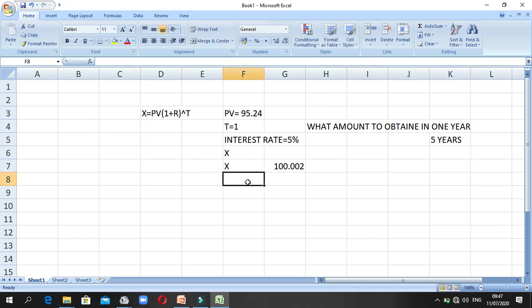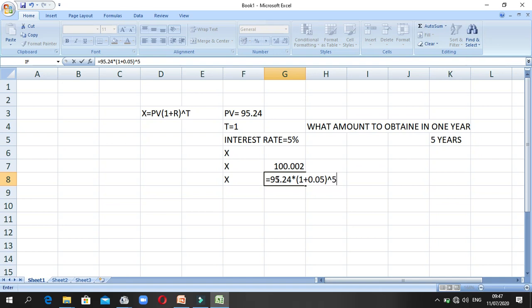So X is equal to, the present value is still the same, 95.24, multiplied by 1 plus 0.05, and you raise it to the power 5.